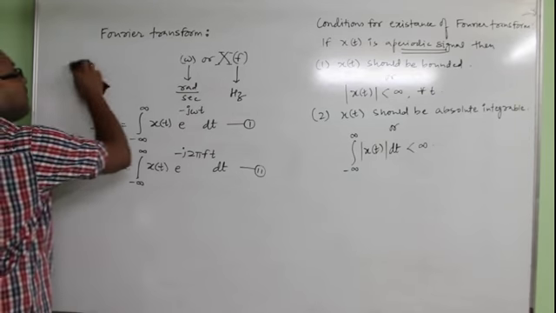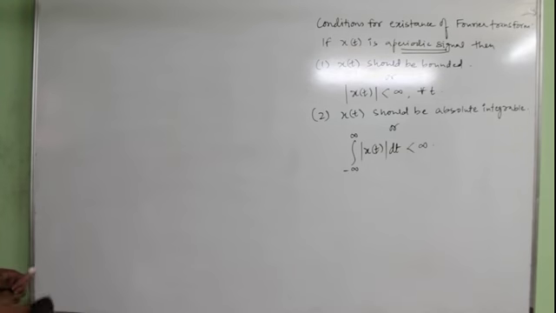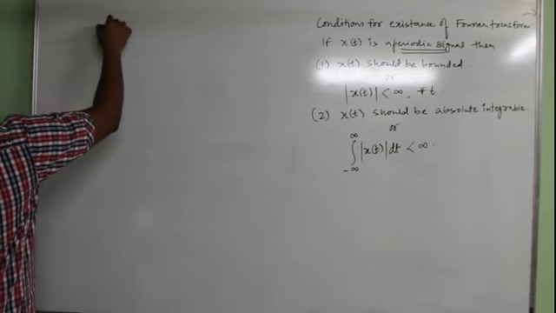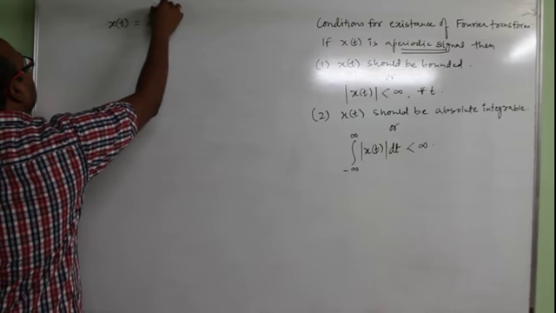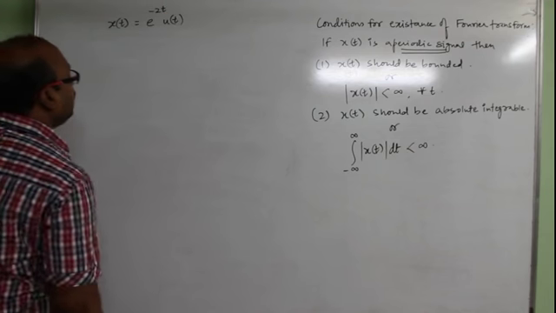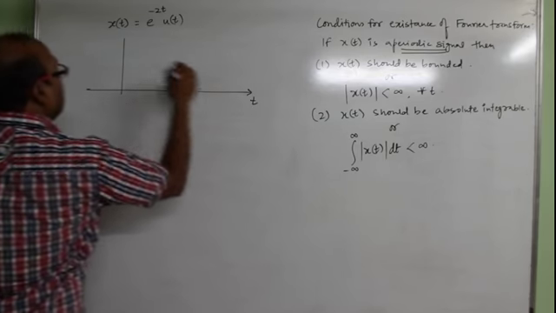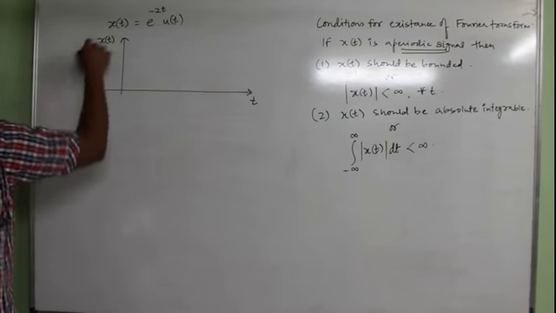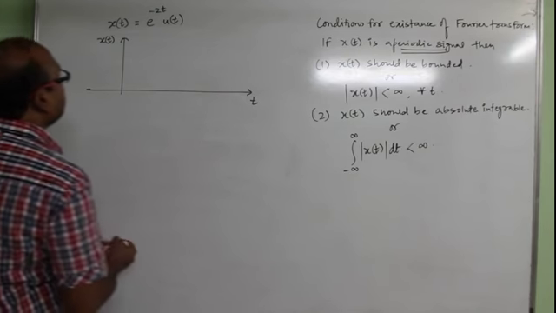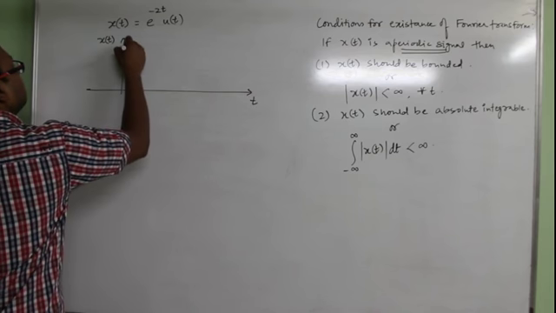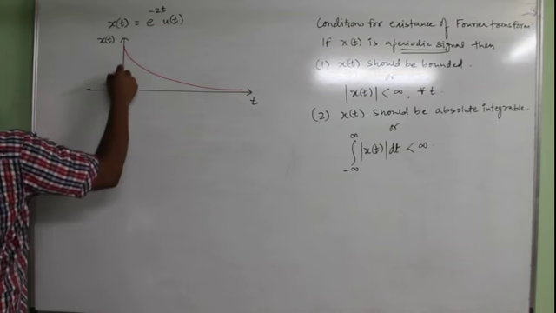Now let us see a few examples of Fourier transform. If signal x(t) is e to the power minus 2t u(t), the waveform of x(t) is something like this. x(t) is an exponentially decaying signal for positive time and it is 0 otherwise.